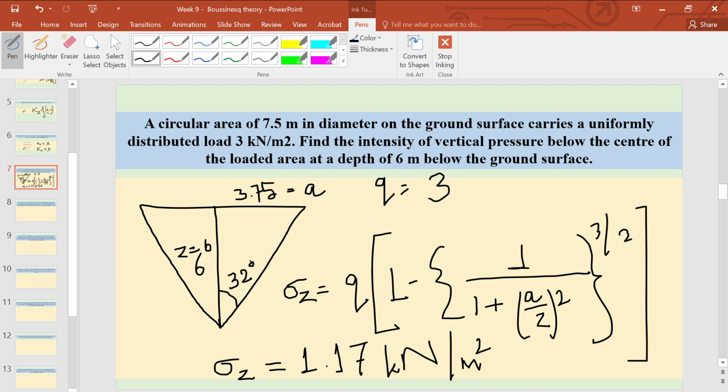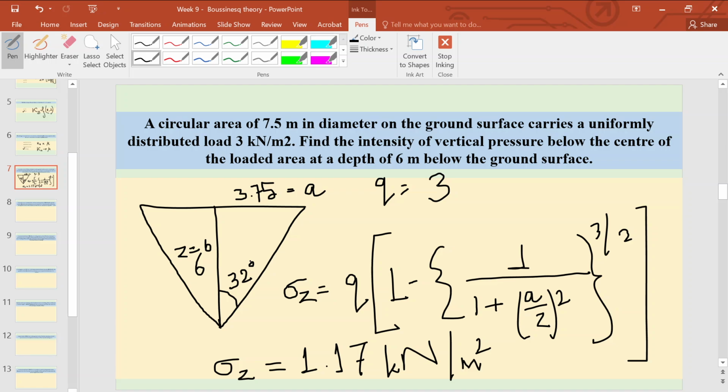Yes, it is 32. And sigma Z equals Q into 1 minus cos cube theta, right? I use that formula, sir. Yes. Into Q is 3, 1.171, yes. So I'll be using that formula in the next sum.